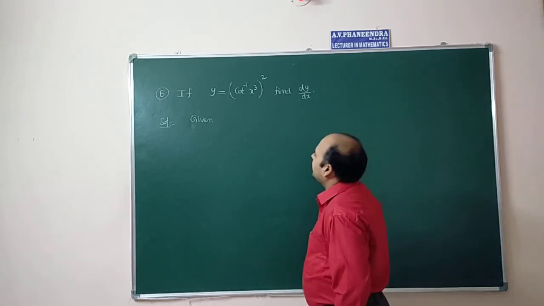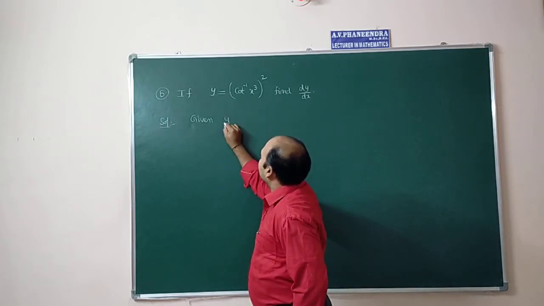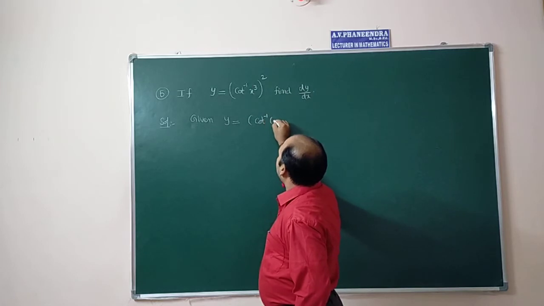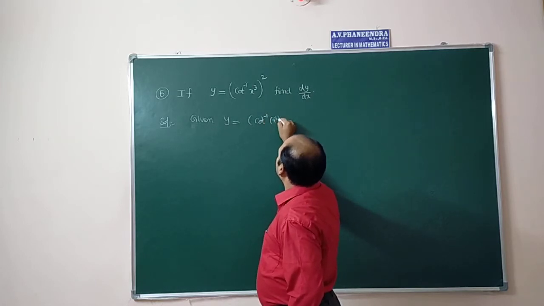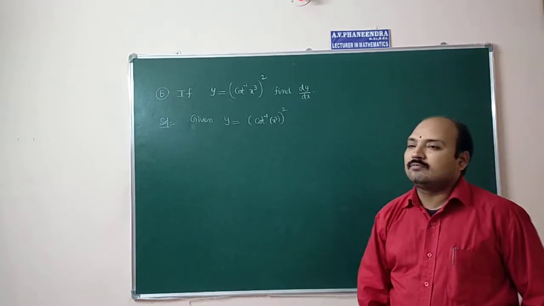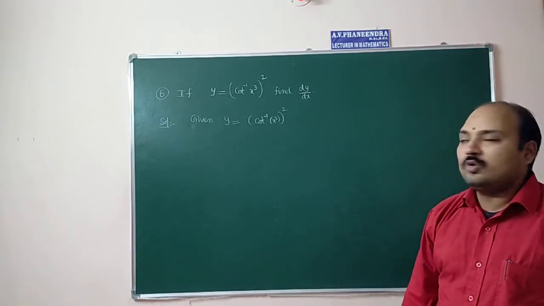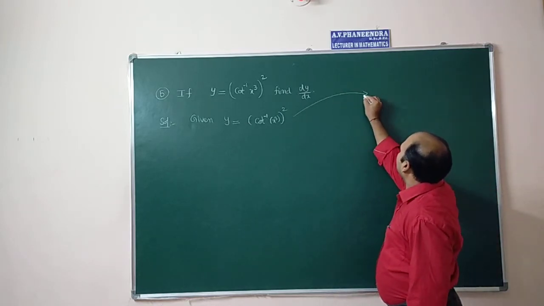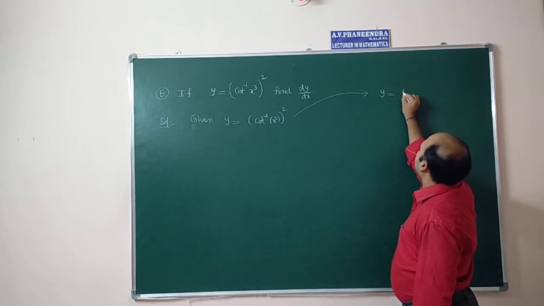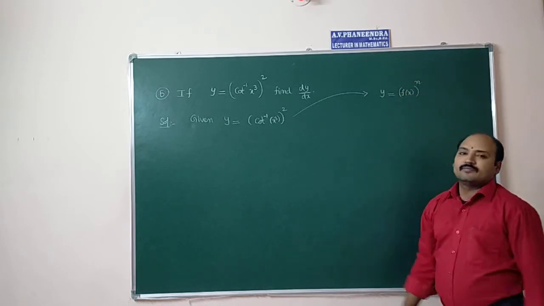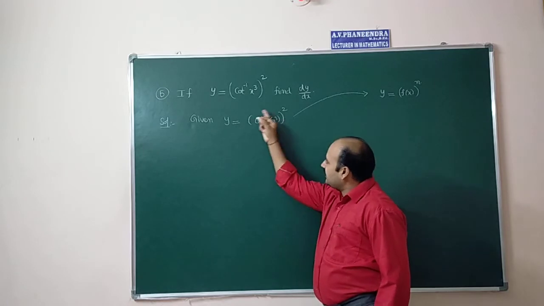So what we have to do here: first we write, given y is equal to cot inverse of x cube whole square. We can write it this way. It looks like y is equal to f of x whole power n. This complete function is f of x.